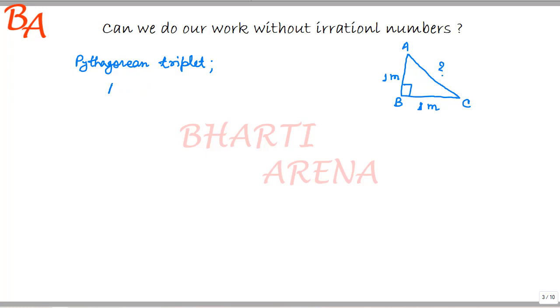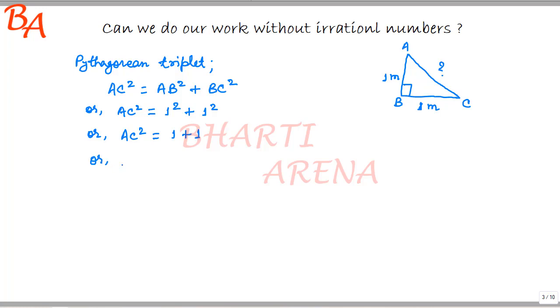We know that in a right triangle, AC square equals AB square plus BC square, or AC square equals 1 square plus 1 square, or AC square equals 1 plus 1, or AC equals root under 2.